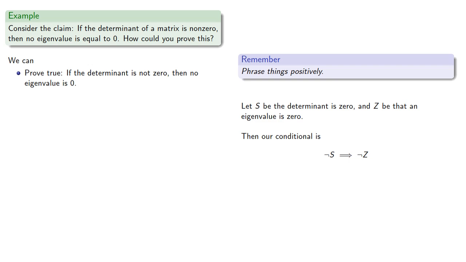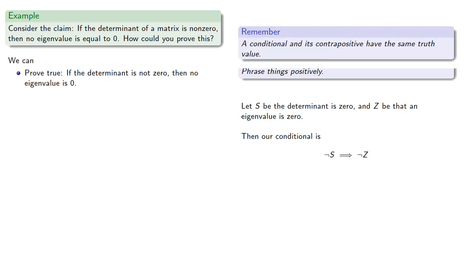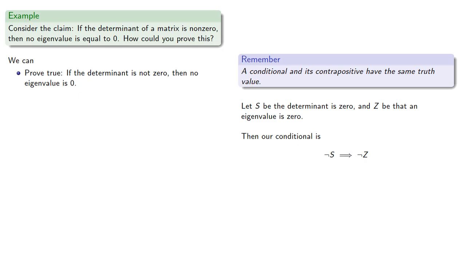Well, that's actually just the statement, but remember the contrapositive has the same truth value, and we'll form our contrapositive. And so we can also prove true, if an eigenvalue is 0, then the determinant is 0.